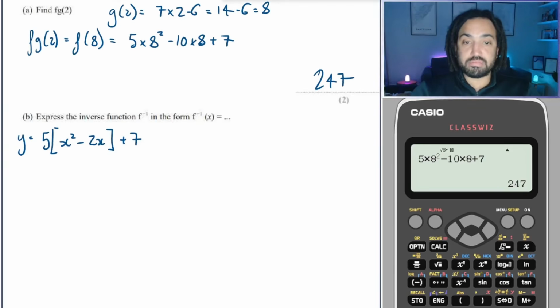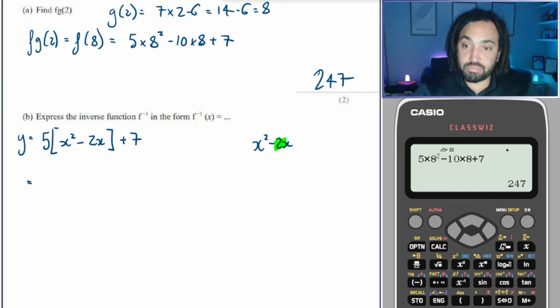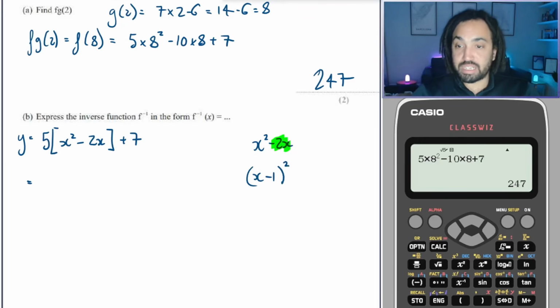Okay. Next, completing this square, x squared minus 2x. I always look at the x term, which is minus 2, and we half it. So halving it gives me minus 1. So we write x minus 1 all squared, and we always take away that value again, minus 1, squared. And there's nothing else to add on, so that's it.